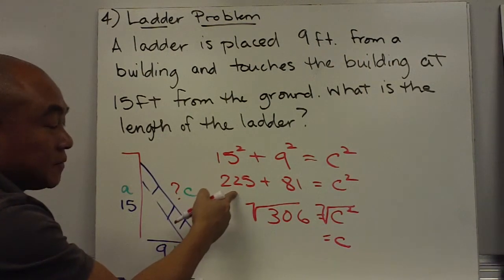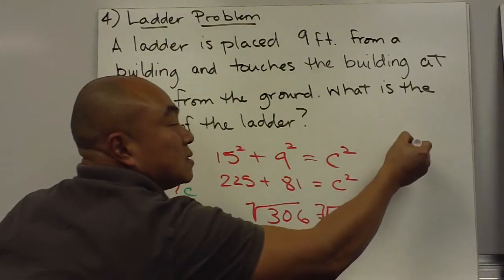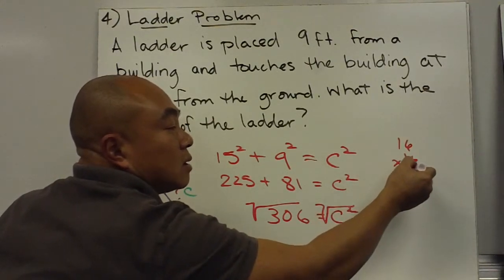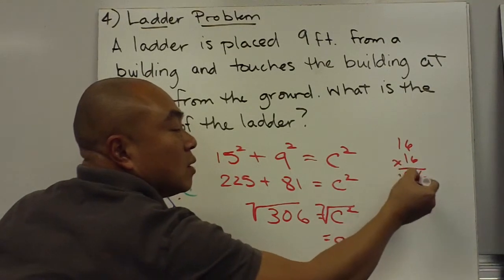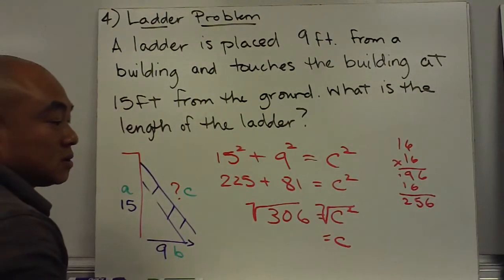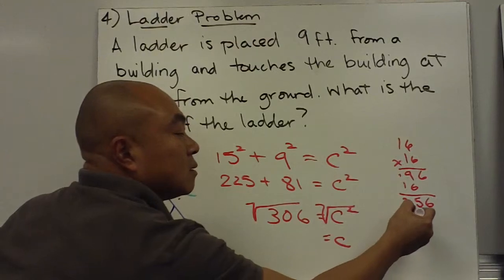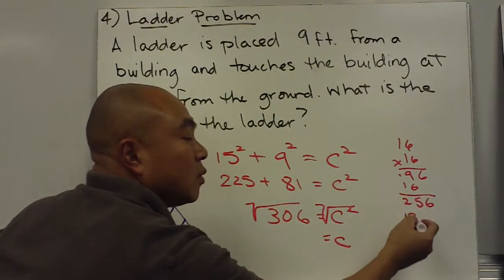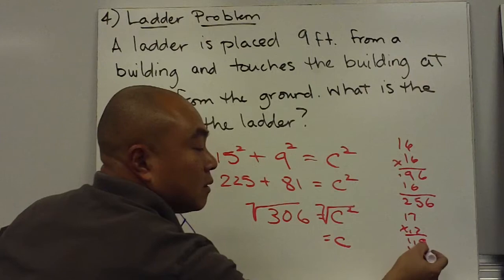I know that 15 times 15 is going to give me 225. Let's try 16 times 16. That's going to give me 256. That's pretty close, but let's try another one. Let's try 17 times 17, which gives me 289.